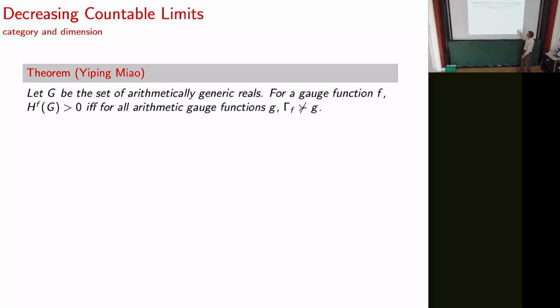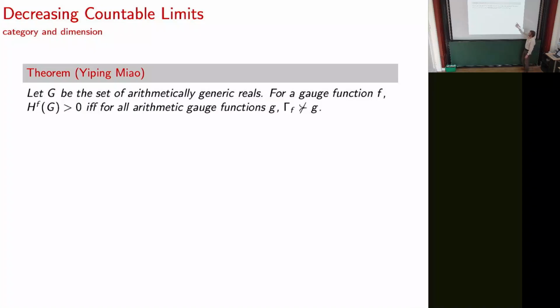And so here's the theorem. This is by Peng Mao, who's a graduate student. So look at the set, this scales, but I took a particular example. Look at the set of arithmetically generic reals. Those are the reals that meet every arithmetically definable dense open set. Okay, so that's, definability-theoretically, a very natural calibration of how much genericity.